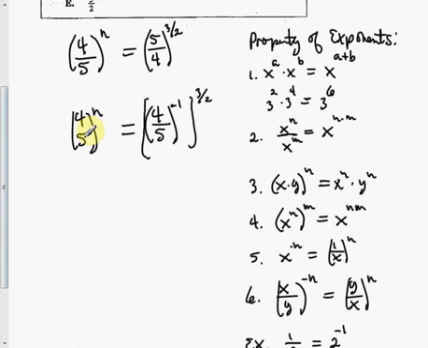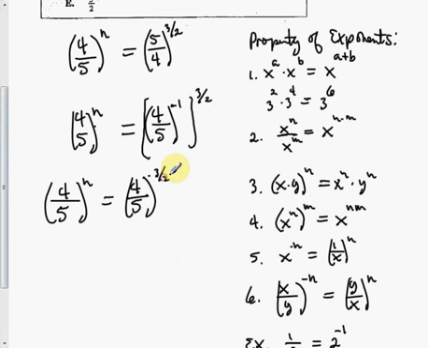I'm trying to get the same base. If I have the same base, then I can somehow equate the exponents. Well, 4 over 5 does not equal 5 over 4, but 4 over 5 equals 4 over 5. So this 5 over 4 becomes 4 over 5 raised to the negative first power. So this is now 4 over 5 raised to the n is equal to 4 over 5 raised to the negative 3/2 power.